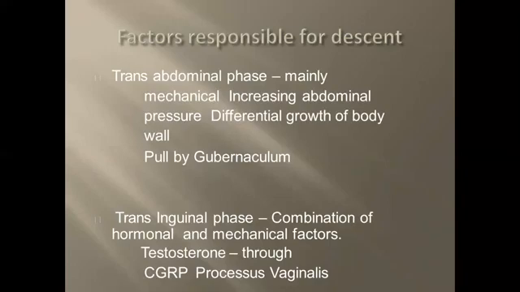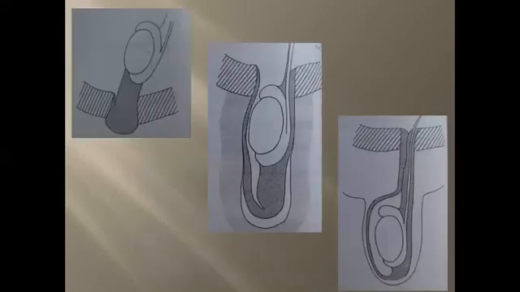The transinguinal phase is basically a combination of mechanical factors and hormonal factors, and the prime hormone responsible for descent is testosterone. That's how the testis descends into the scrotum. You can see here the testes, and this highlighted dark gray band is the gubernaculum. It pulls the testes down into the scrotum.